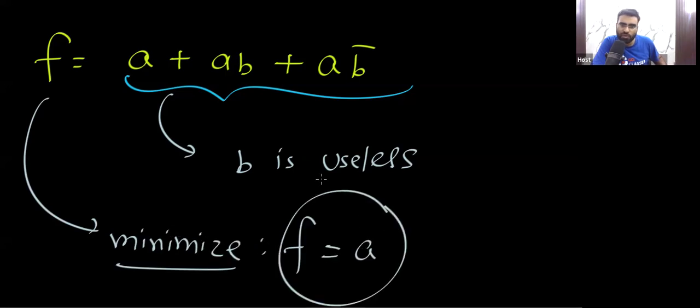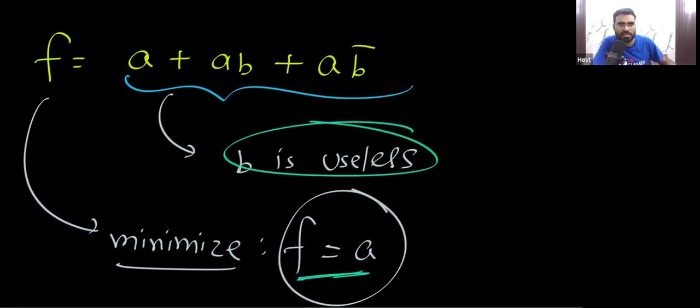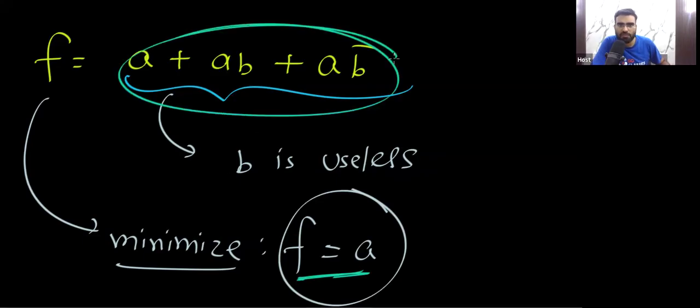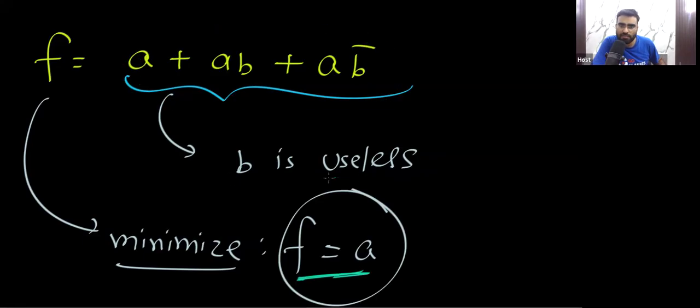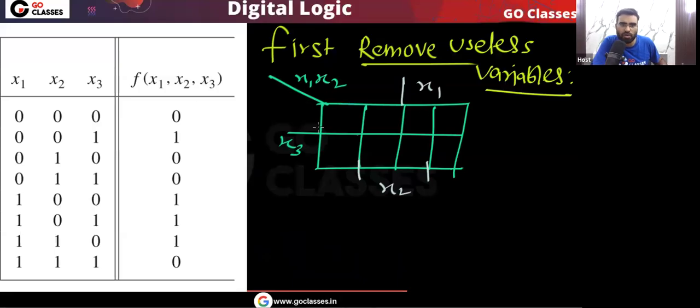You will get f equal to a, right? So did you notice b was useless? Is this clear? In this function, b was useless because when you minimize, b is gone. So just make sure there is no useless variable. When you minimize, the useless variables will be gone.